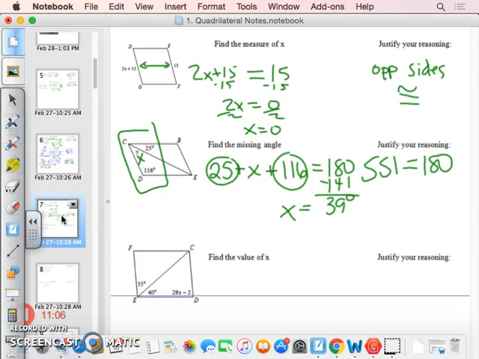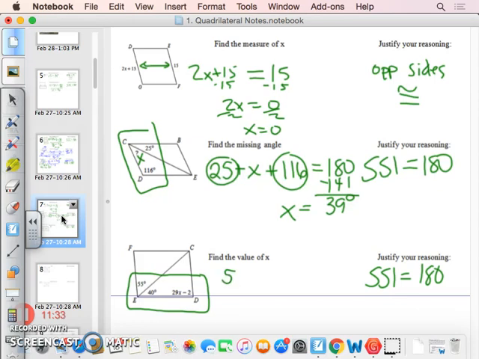Let's go ahead and look at this next parallelogram. Two sides are parallel. So I see here E and D. So if I'm looking for the value of x, I see that these three angles actually are going to be same side interior, and they're all going to equal 180 degrees when I add them all up.